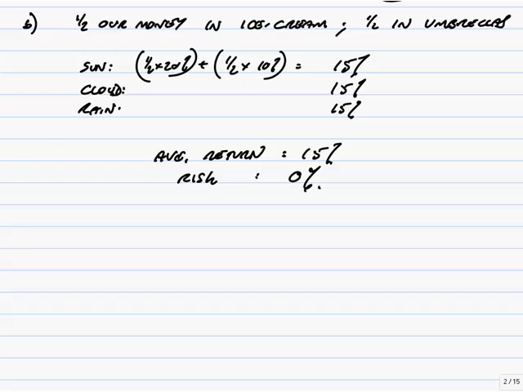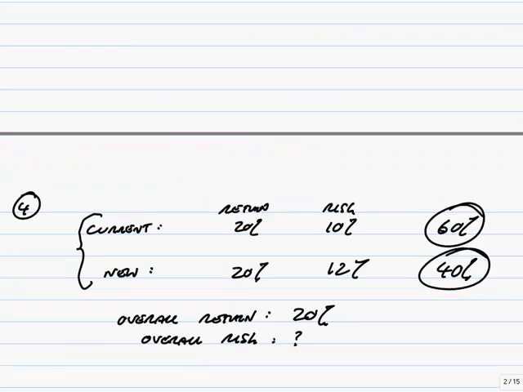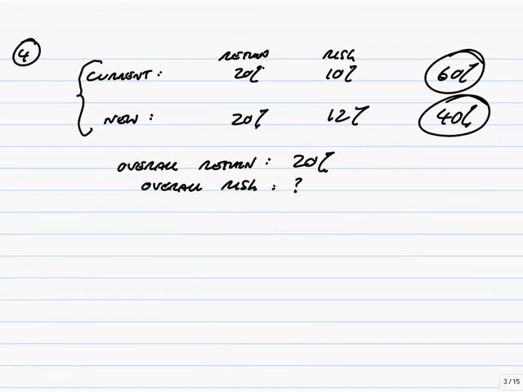Well, there is a formula to be able to work out the total risk, and you'll be given that formula on the formula sheet. If you look at your formula sheet, it comes under the heading 2-asset portfolio.